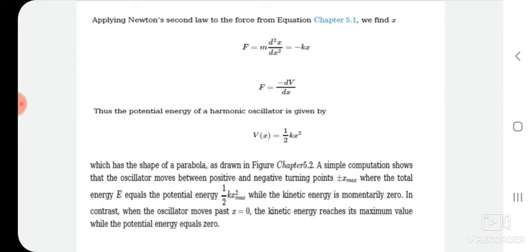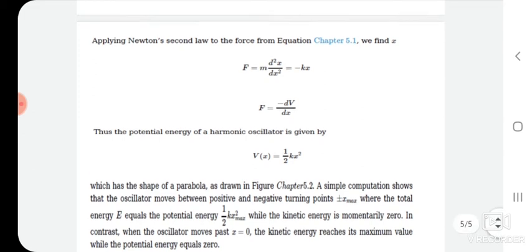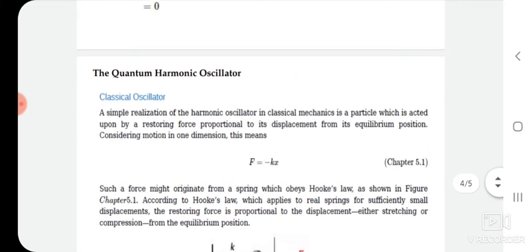In contrast, when the oscillator moves at x equal to 0, the kinetic energy reaches its maximum value while the potential energy is equal to 0. Where the kinetic energy is maximum, at that point potential energy is 0; where the potential energy is maximum, at that point kinetic energy is 0. This is the classical view of the harmonic oscillator.